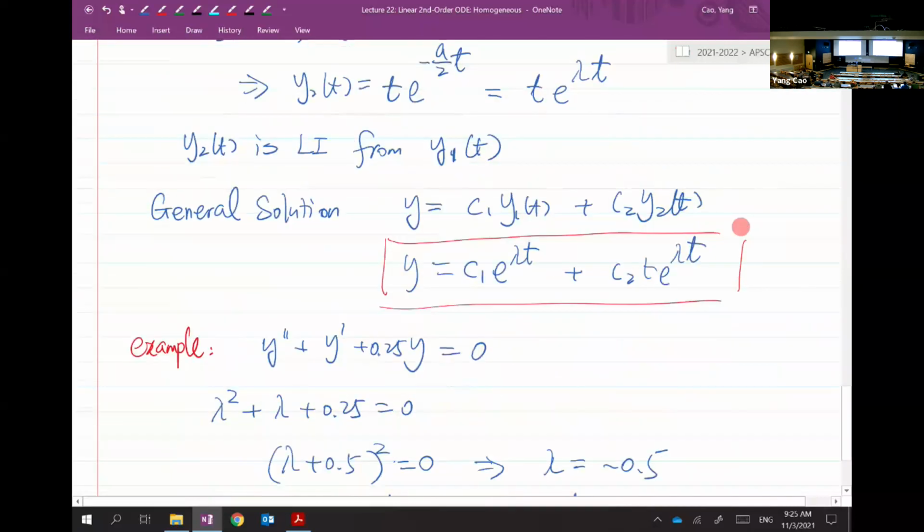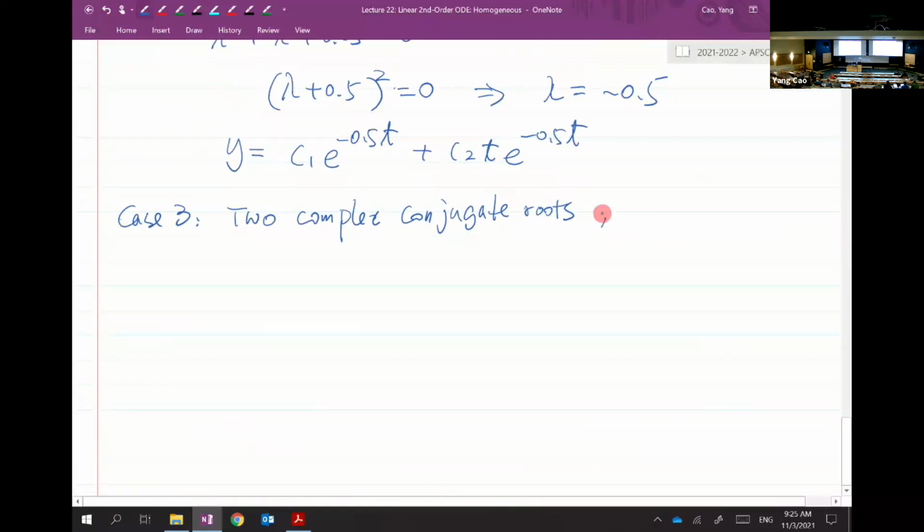Or in general, you just have to remember the term underneath the square root is less than 0. All right, so then in general, if I use my notations written at the top, the 2 complex conjugate numbers can be written as, so remember this is square root of a squared minus 4b, right?